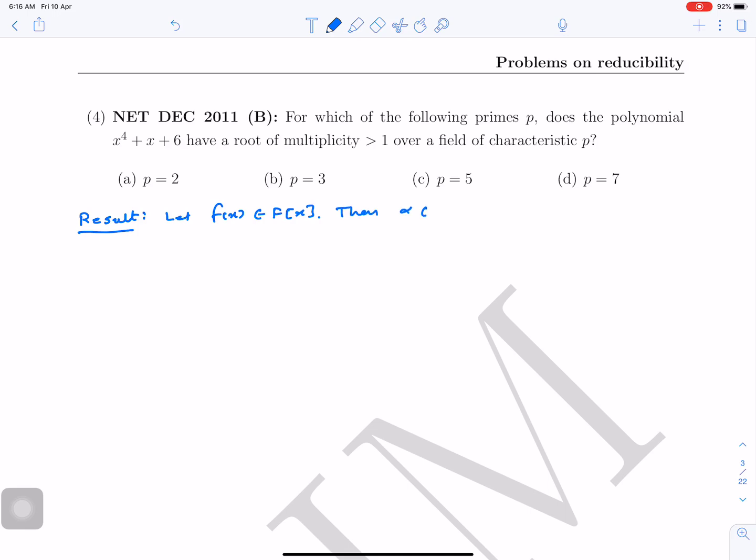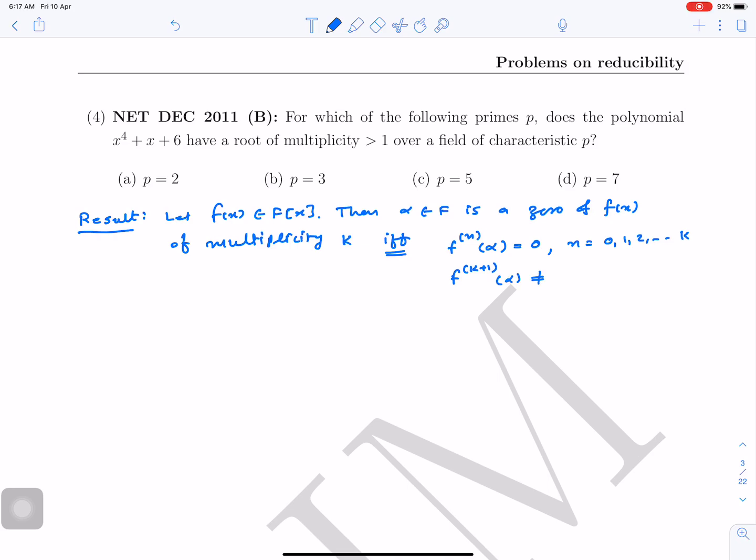Then alpha belonging to F is a zero of f(x) of multiplicity k if and only if its nth derivatives at alpha are 0, where n is equal to 0, 1, 2 up to k minus 1, and the kth derivative at alpha is not equal to 0.